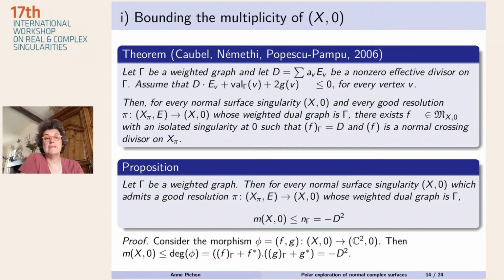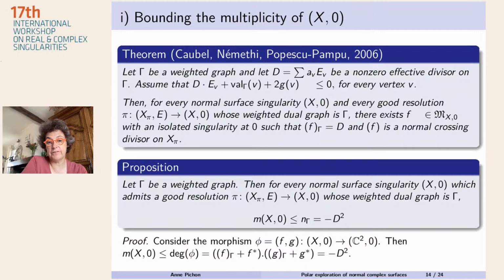Okay? Then what Kollár, Némethi, and Patrick Popescu-Pampu proved is that then for every normal surface singularity whose link has gamma as a plumbing graph, you can find a function with an isolated singularity which realizes D as the divisor.